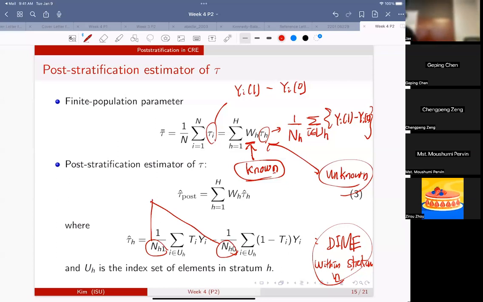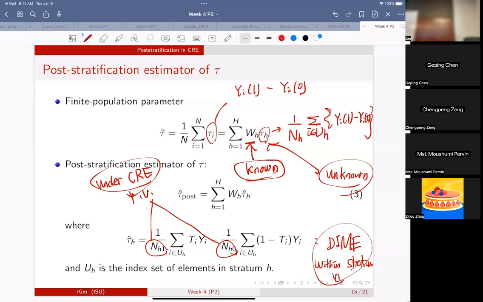But in post-stratification, in the completely randomized experiment, they are random variables. In the completely randomized experiment, we do not really control or fix the sample size of the treatment group and control group. We don't do that because we don't know who is male and who is female, so we cannot really do the stratification. So then we just use it.